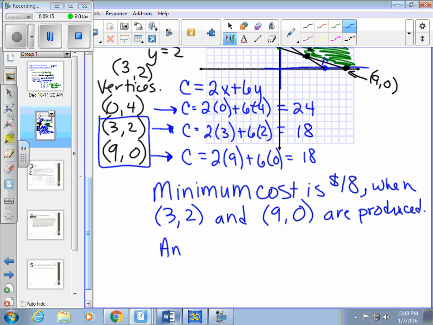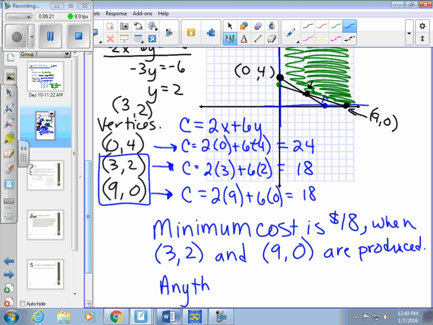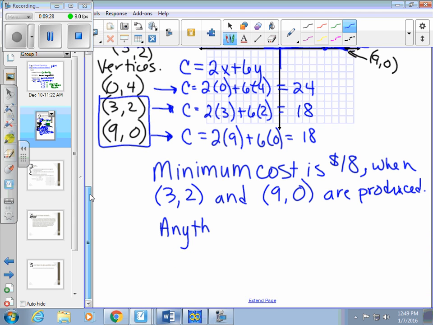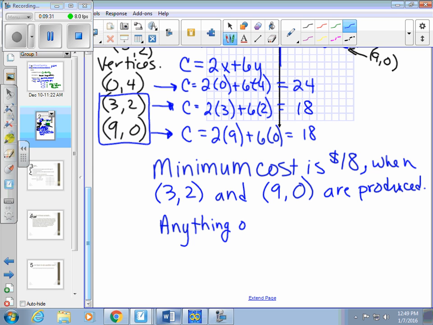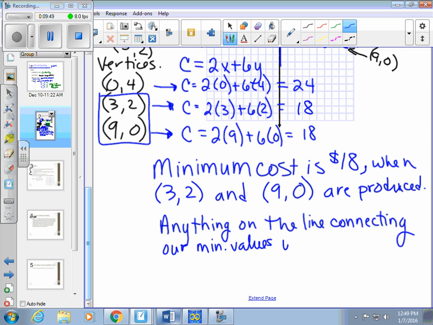So when you look at where 3, 2 and 9, 0 are at, anything on the line that connects them will also work and achieve our minimum value.